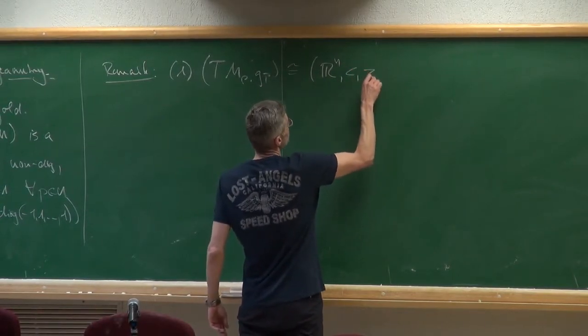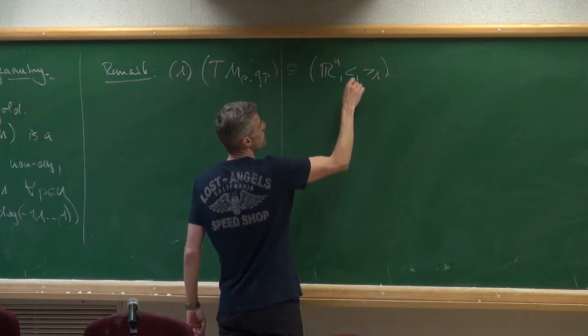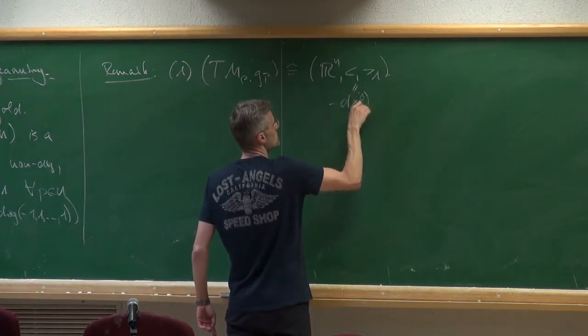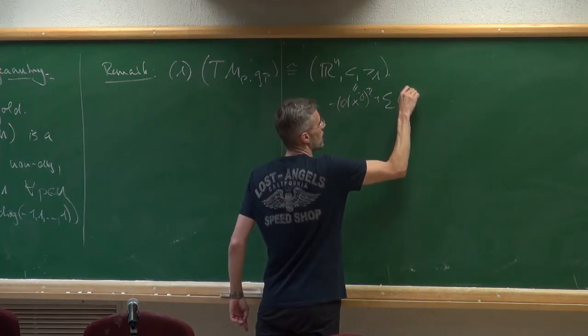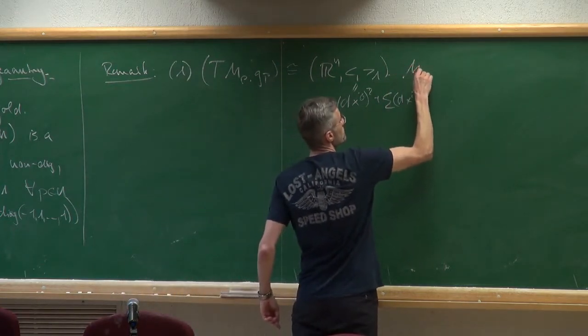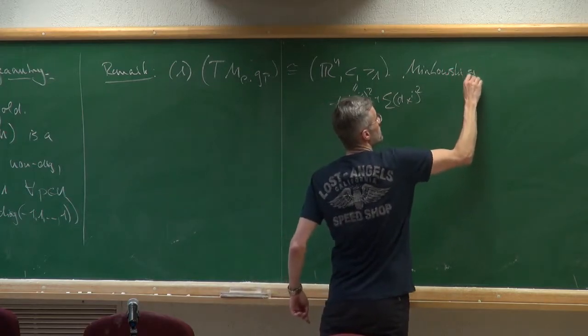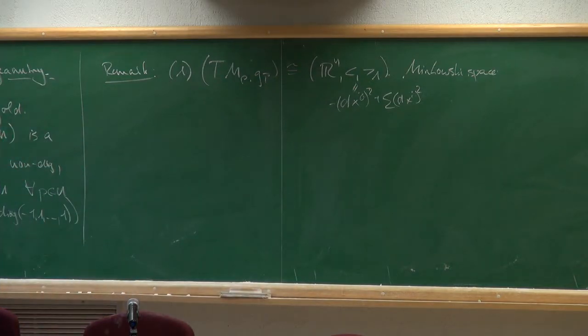With the usual inner product, written with brackets and a subscript 1, this is simply minus dx_0 squared plus the sum of dx_i squared. This is what's called Minkowski space, which will be the first example we will see of a Lorentzian manifold.